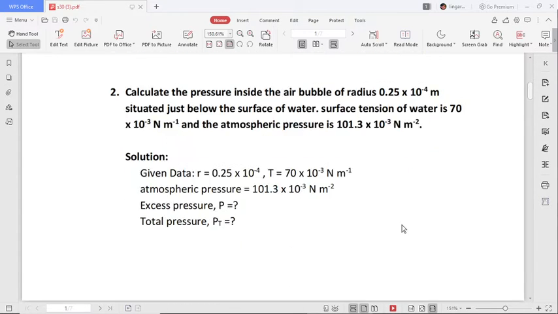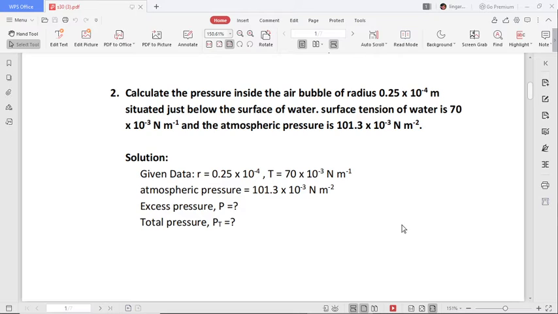Next problem: calculate the pressure inside an air bubble of radius 0.25 into 10 to the power minus 4 meter, situated just below the surface of water. The surface tension of water is 70 into 10 to the power minus 3 Newton per meter, and the atmospheric pressure is 101.3 into 10 to the power 3 Newton per meter square.